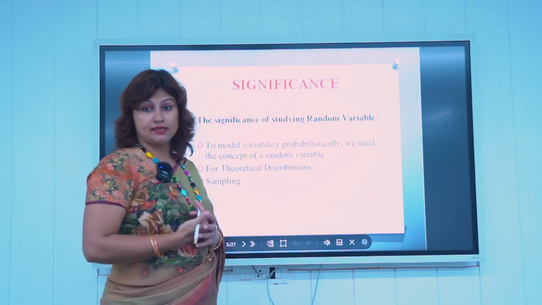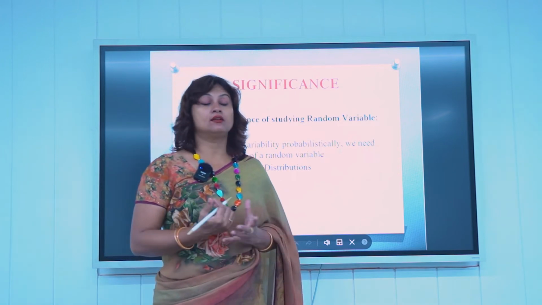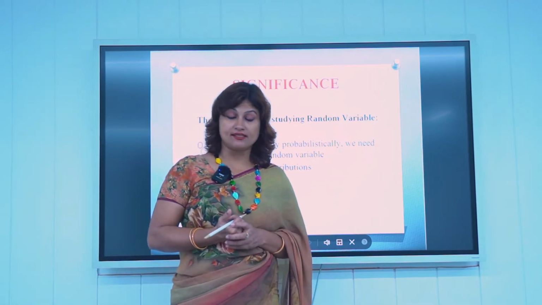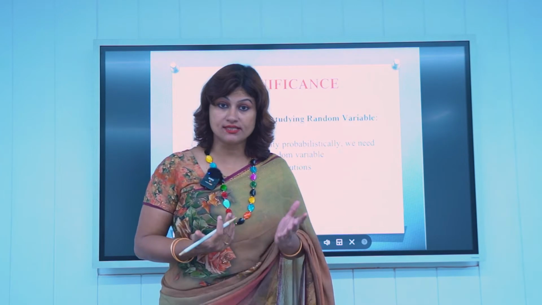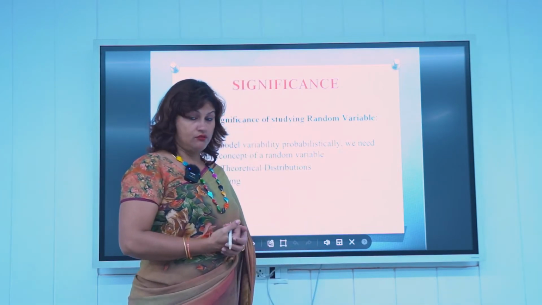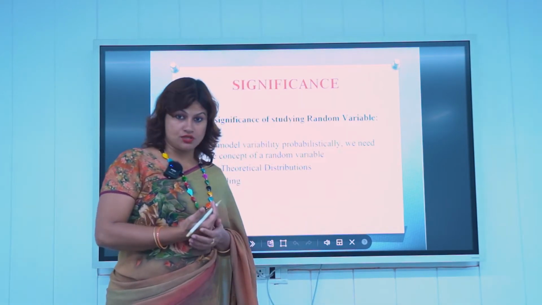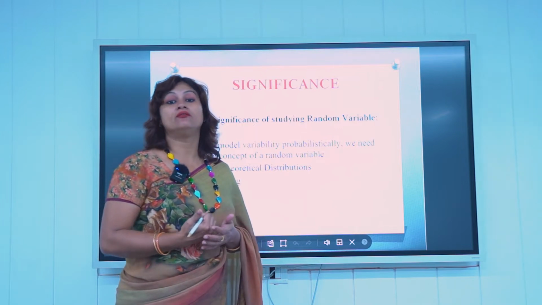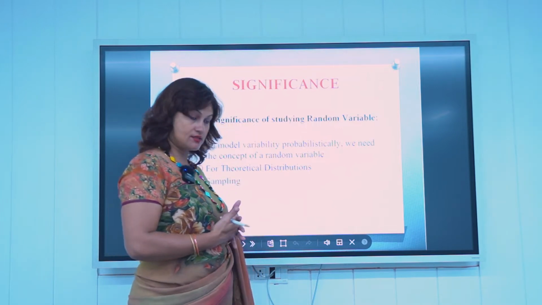Then comes sampling, which is quite famous in data science, for large samples and small samples. Here also, we come across situations in which the concept of random variable is very much needed.